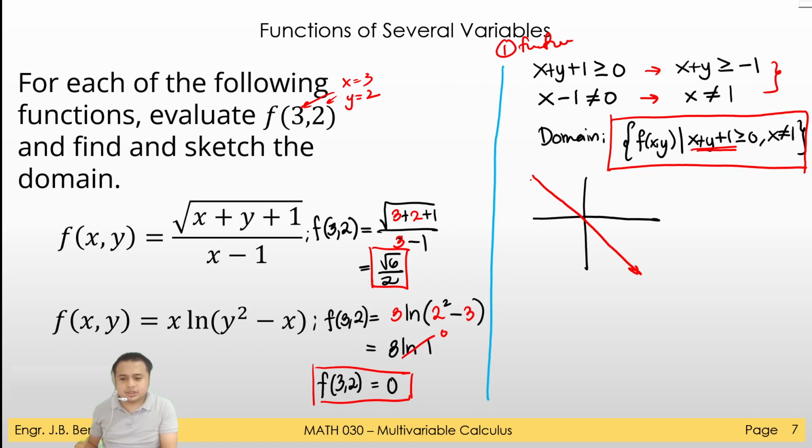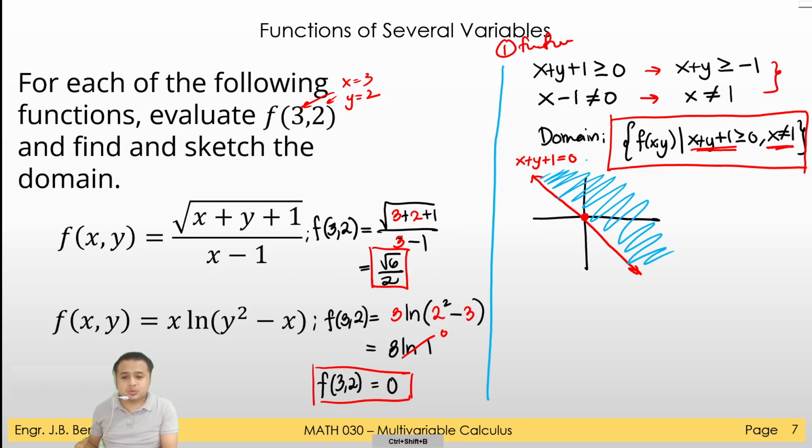This is the origin. You have x plus y plus 1 equal to 0. Now, if you have greater than 0 here, then it should be this area around here. And then we have another condition.